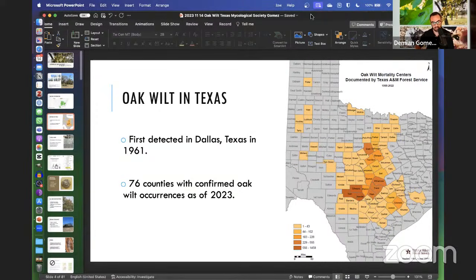However, we see a pattern that most of the calls or the problems that we're seeing come from the Central Texas area. Some of these counties have most of the oak wilt that we've seen in some of the more affected areas, right? The reason why this happens is something that we're actually looking into.